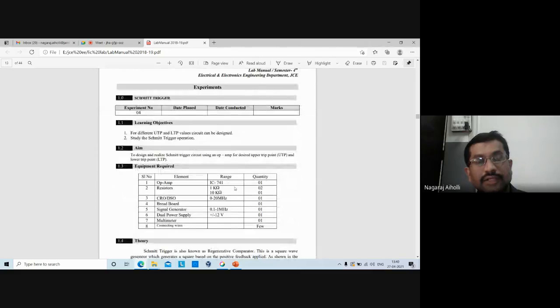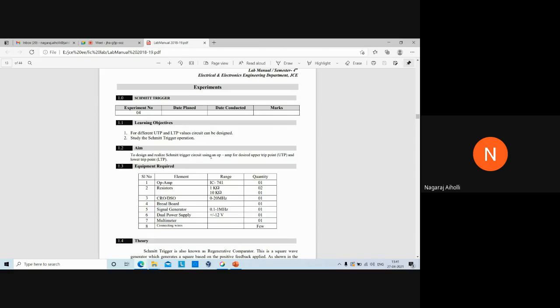Next, students, experiment number 4 is the Schmitt trigger circuit. A Schmitt trigger is a circuit which converts any input signal that is applied into a square wave output.